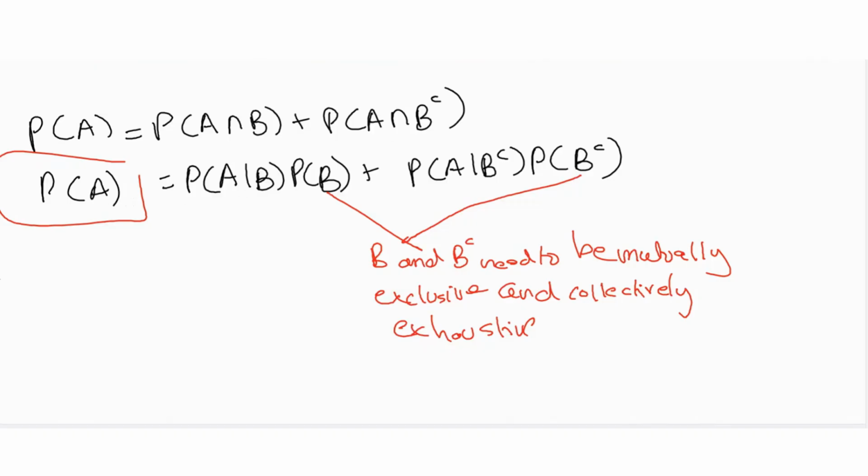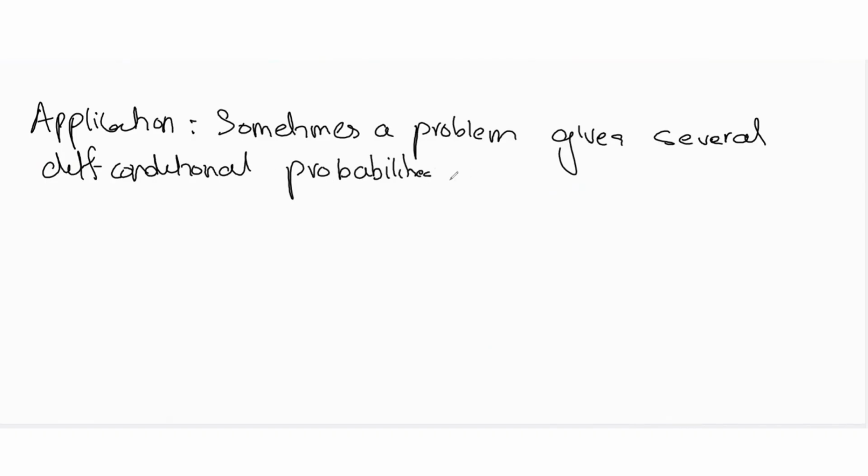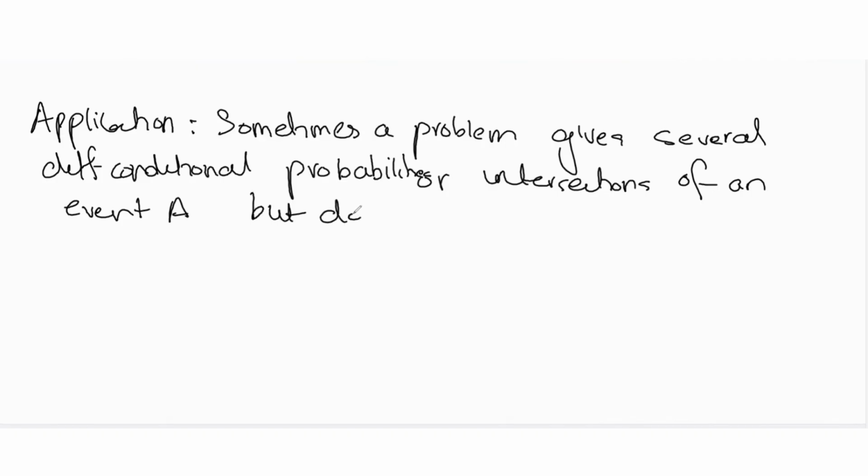So what is the application of this? Sometimes a problem gives several different conditional probabilities or intersections of an event A, but does not give the probability of event A itself.